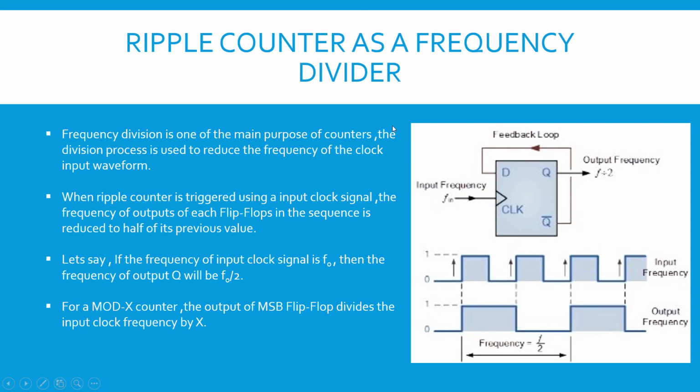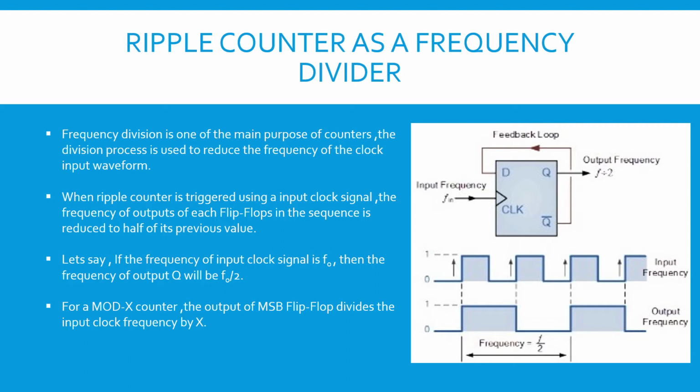Next we will see how a ripple counter acts as a frequency divider. Frequency division is the main purpose of counters. The division process is used to reduce the frequency of the clock input waveform. When a ripple counter is triggered using an input clock signal, the frequency of the output of each flip-flop in the sequence is reduced to half of its previous value.